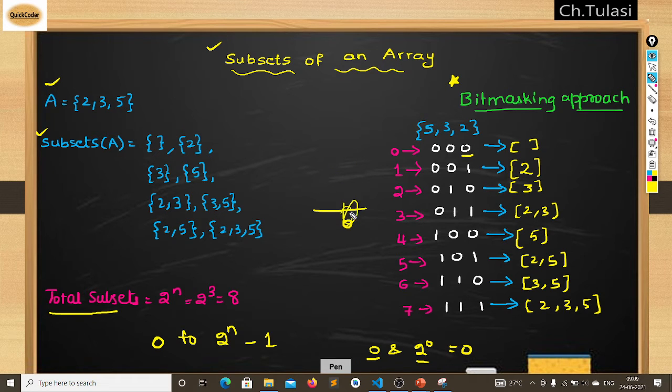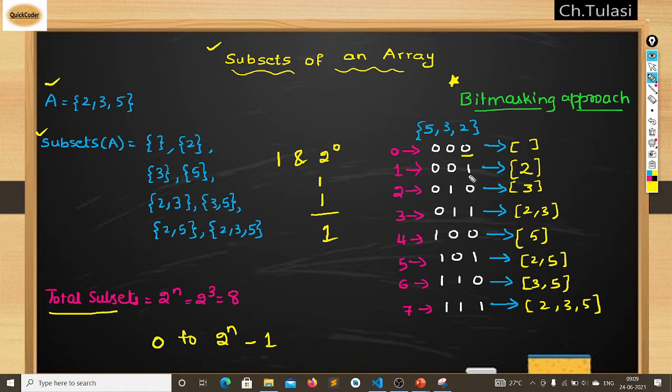Now let's consider this one. What I will do is 1 and 2 power 0. I will do the AND operation with 2 power 0, 2 power 1, 2 power 2. So 1 and 2 power 0 means 1 and 1, which gives 1.